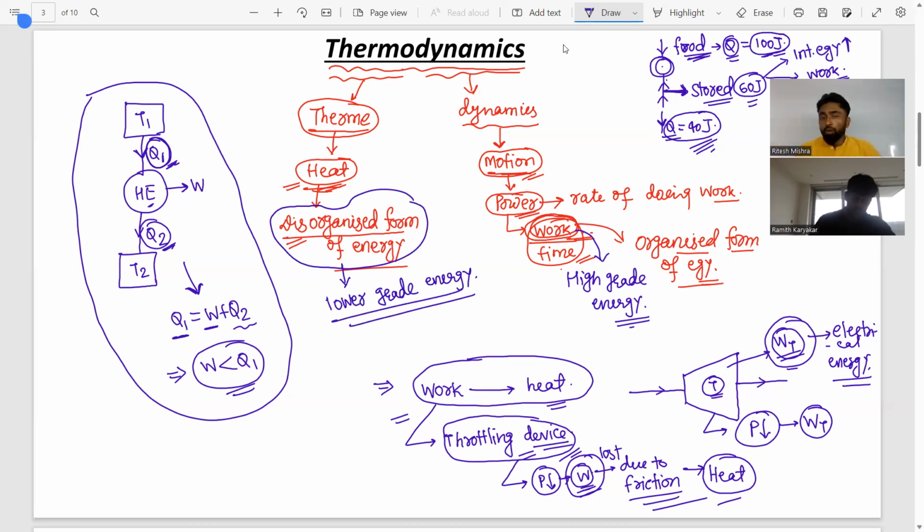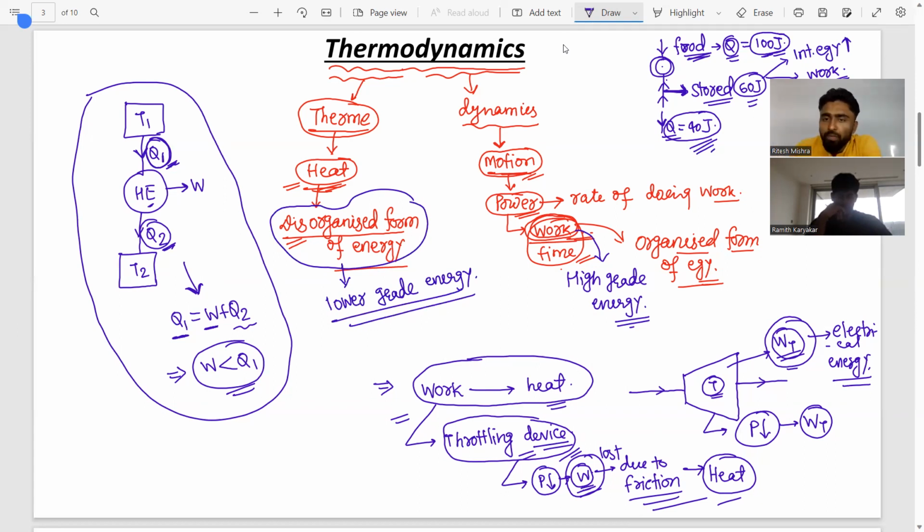So now, in thermodynamics, we basically talk about heat and work. In the word, the therm part is heat, and the dynamics part is basically work. So in the whole of thermodynamics, we only talk about heat and work.